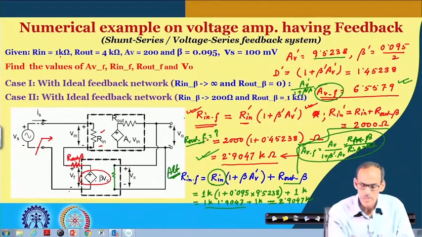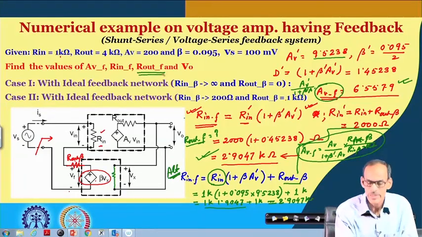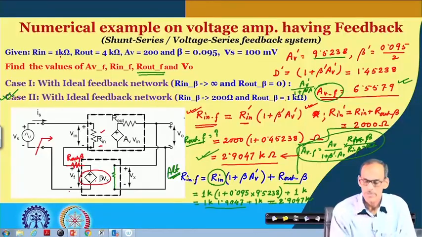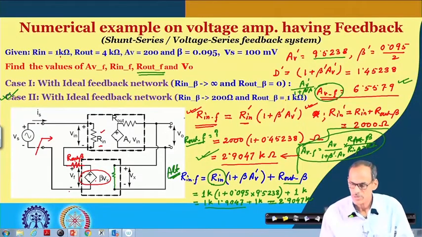Now, next we are going to calculate R out F for this case, but before that, let me clear the board. Please keep in mind the information about AV dash and beta dash.